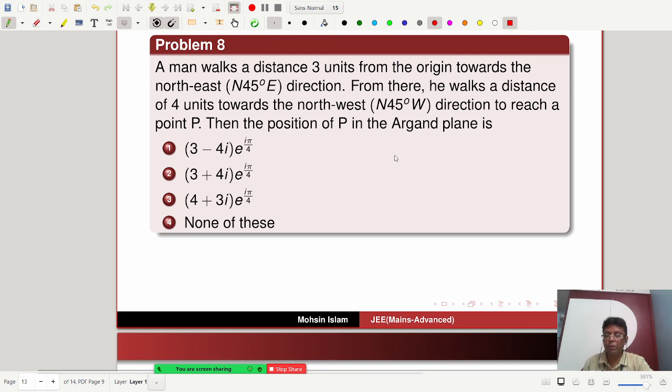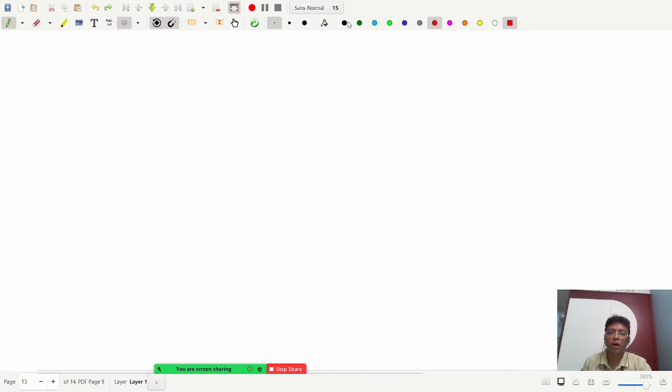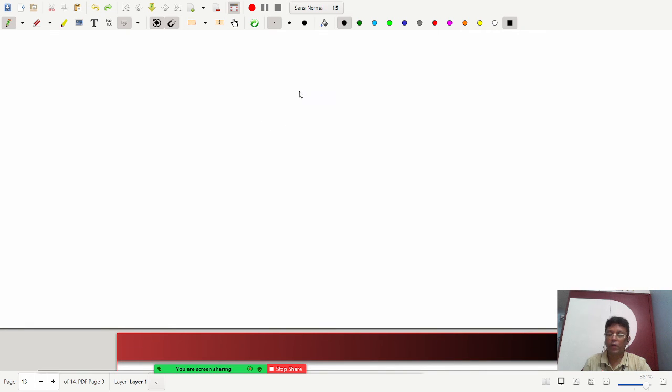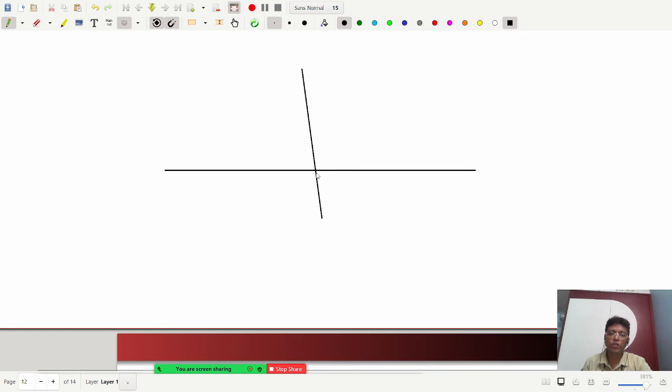So let me have a diagram here. Once again, the man walks a distance of 3 units from the origin towards the northeast direction. So let's start from the origin. This is your origin O in the Argand plane, and northeast direction is 45 degrees.